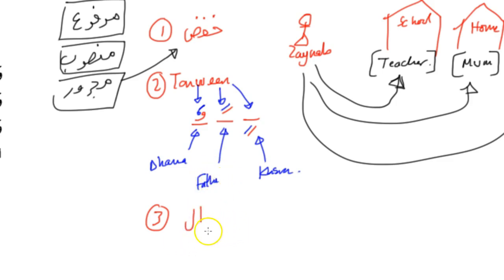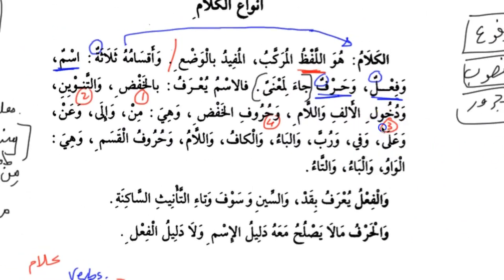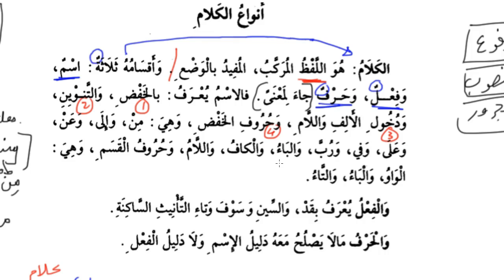Okay, number 3, the third thing now, is al. Al, okay, alif lam, this is also a sign of an ism. Al only appears at the beginning of nouns, right? So, for example, sometimes you go to an Arab restaurant, al-kebab house, you put al there. So this al, like over here, al-kalam, al-lafaz, al-murakkab, al-mufid, al-ism, al-khafd.